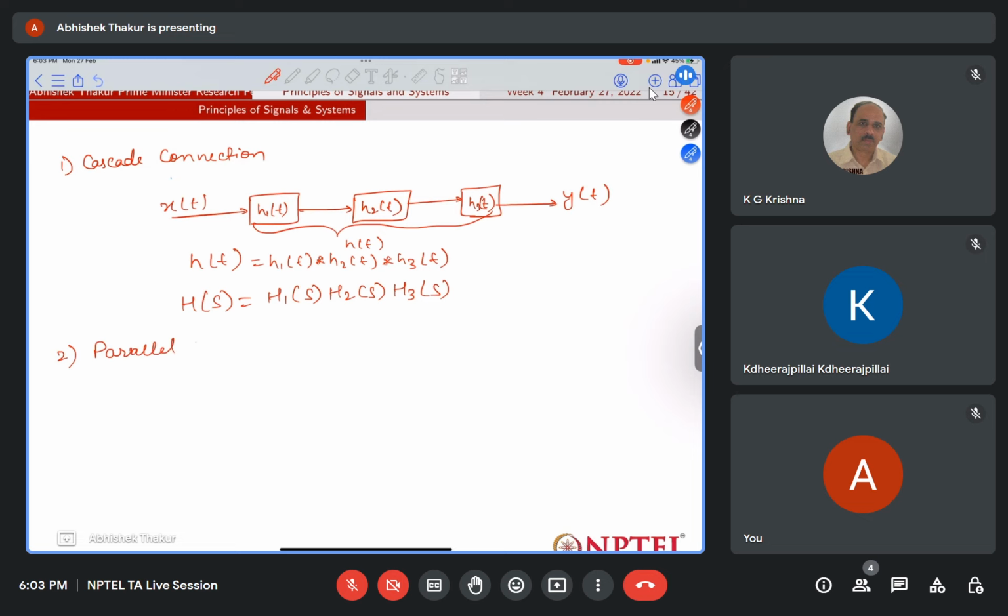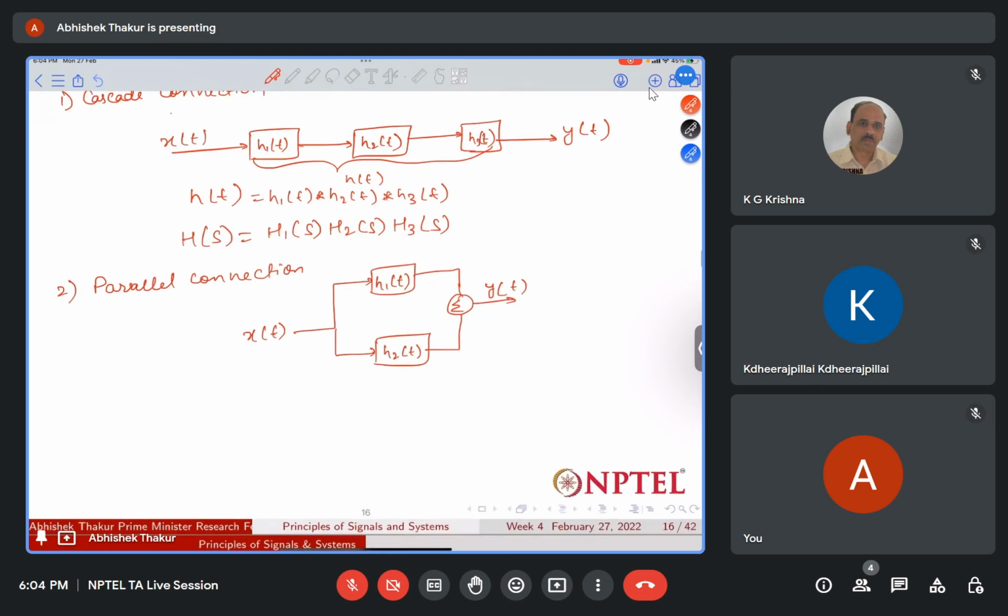Like in the last lecture I did one example. If the two systems are connected in parallel, that is the summation of these, this is our y(t), that is the output. So y(t) is equal to x(t) convolution h1(t) plus x(t) convolution h2(t). How can we find it?